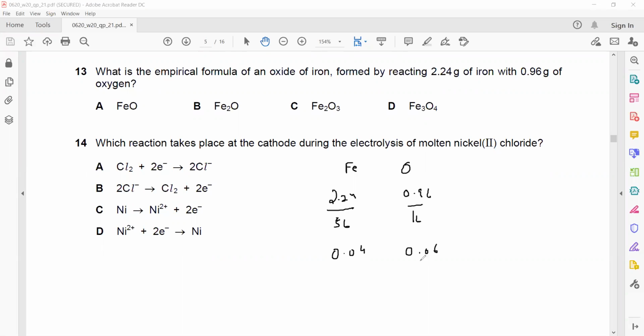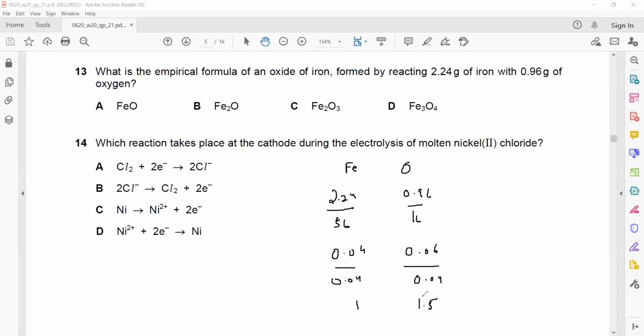Then the second step, divide by the smallest value. 0.04 is the smallest value, so we'll divide both by 0.04. So this will be 1, and 0.06 divided by 0.04 is 1.5. So now one value is 1 and another is 1.5.